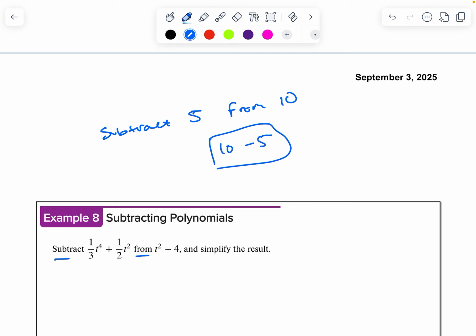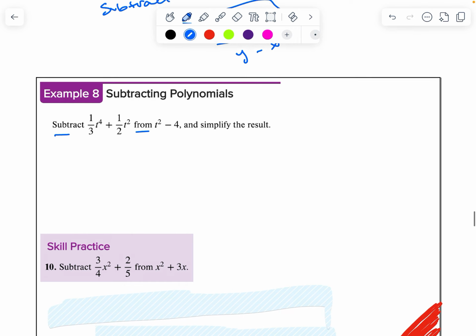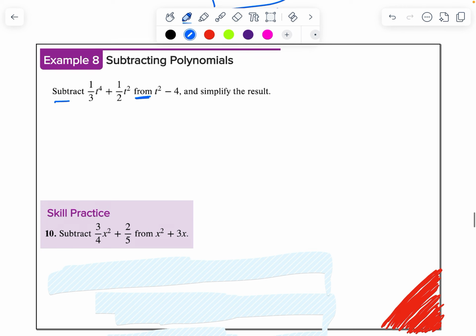When you say subtract x from y, then we're going to do y minus x. We always change the order. So if I say subtract 1/3 t to the fourth plus t squared from t squared minus 4, what I'm really thinking about is t squared minus 4 minus 1/3 t to the fourth plus 1/2 t squared.